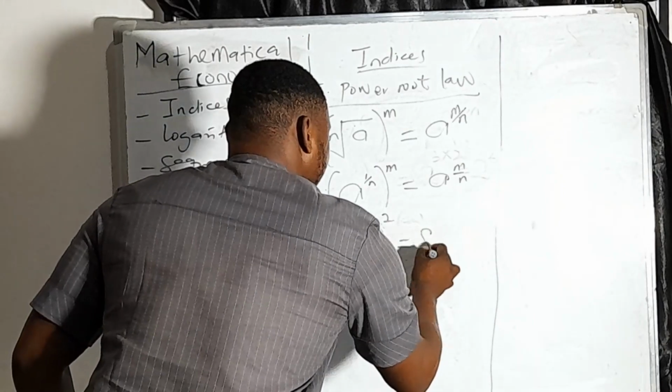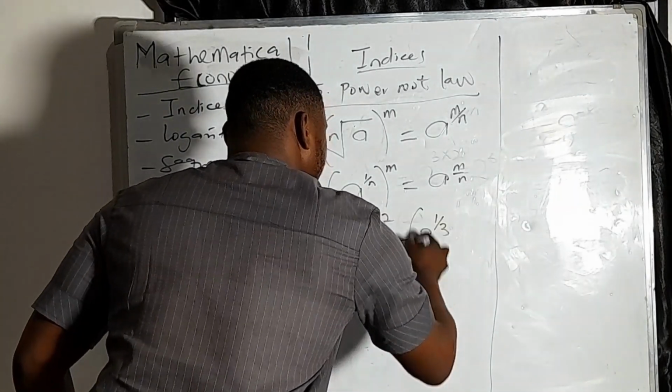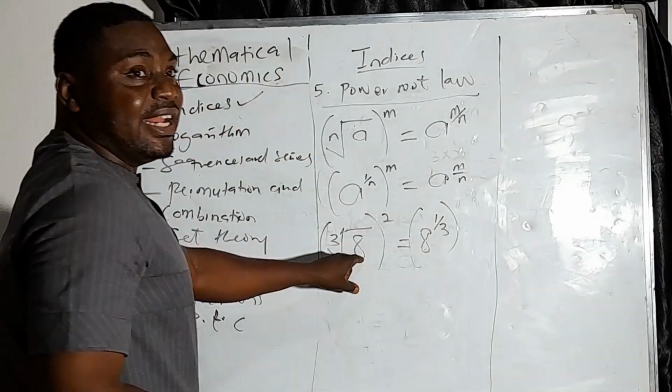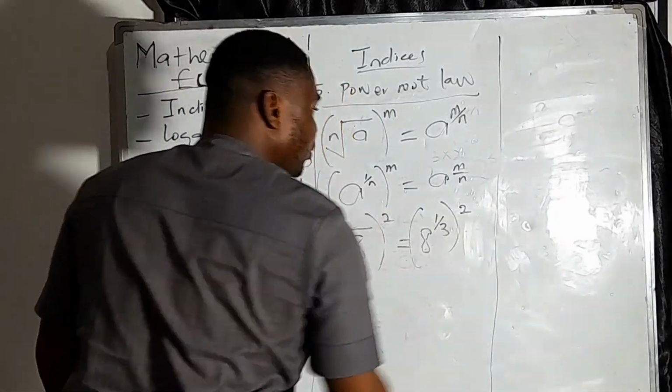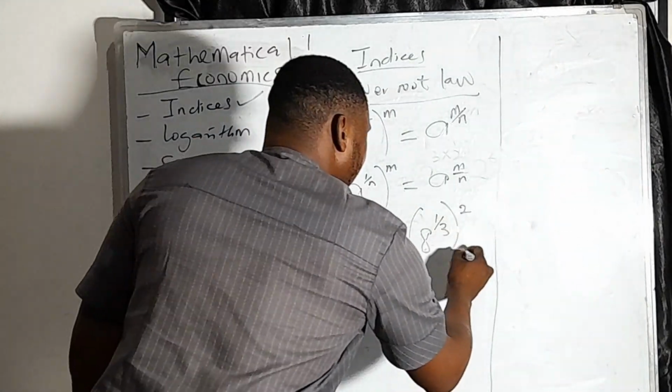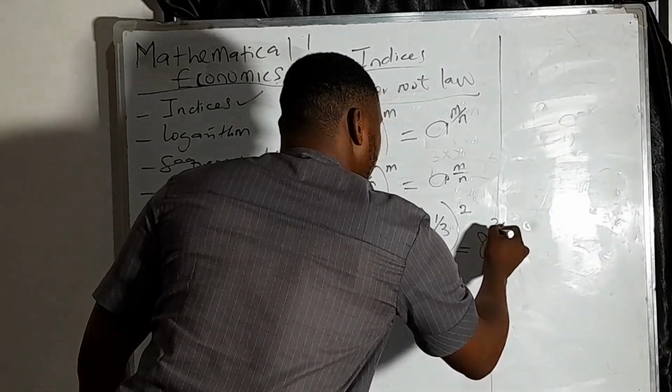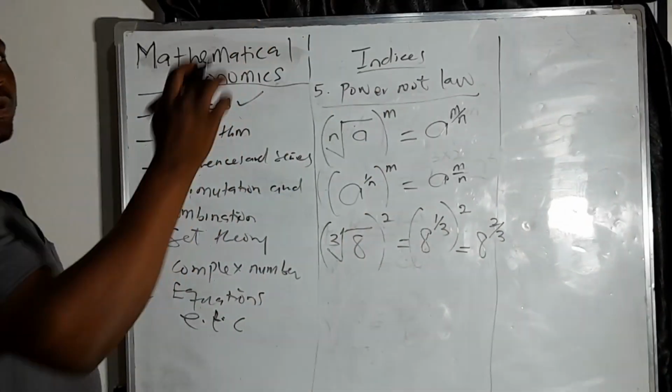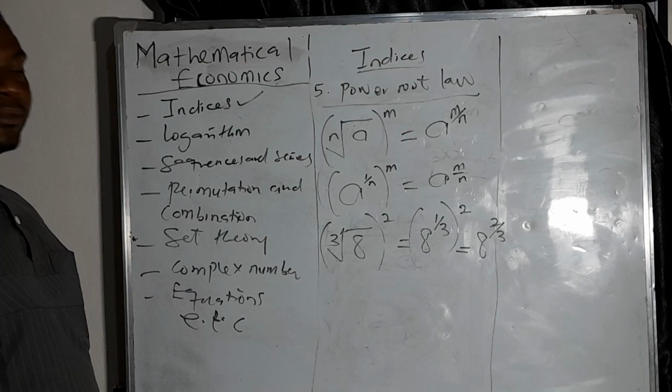Ordinarily, you have 8 raised to power of 1 over 3. That's the cube root of 8 all raised to power of 2. By applying the power law, we have 8 raised to power 2 over 3. Then you simplify further.